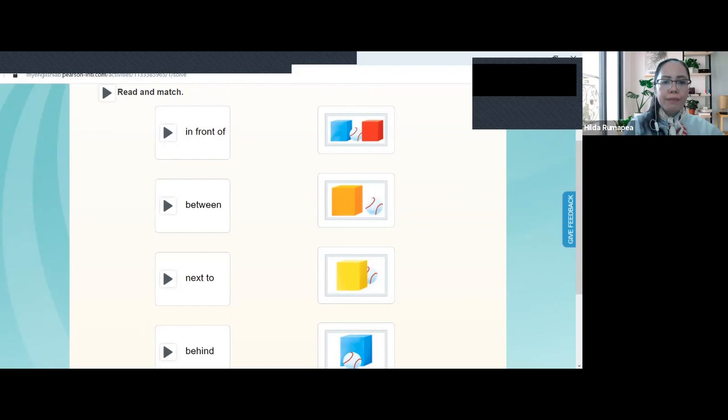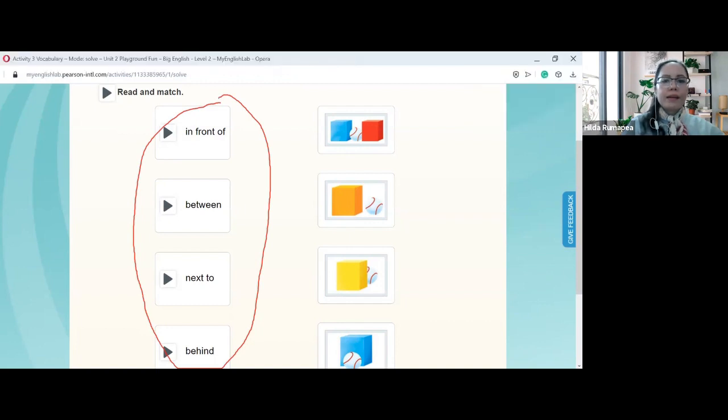Here I have on the left part, yeah. Okay. You have to match the prepositions in front of, between, next to, behind to the picture on the left part. In your workbook, they are at the bottom part.